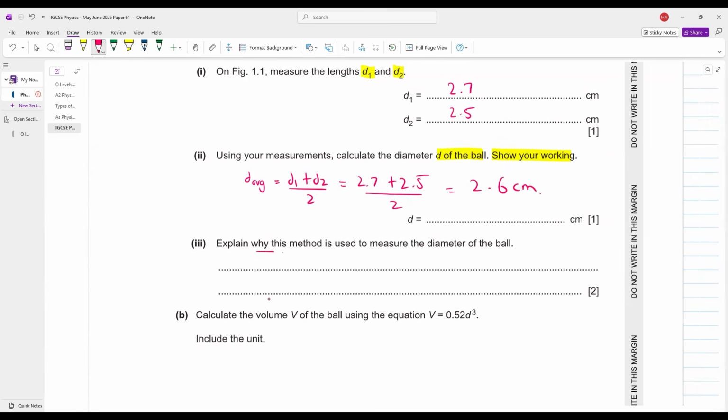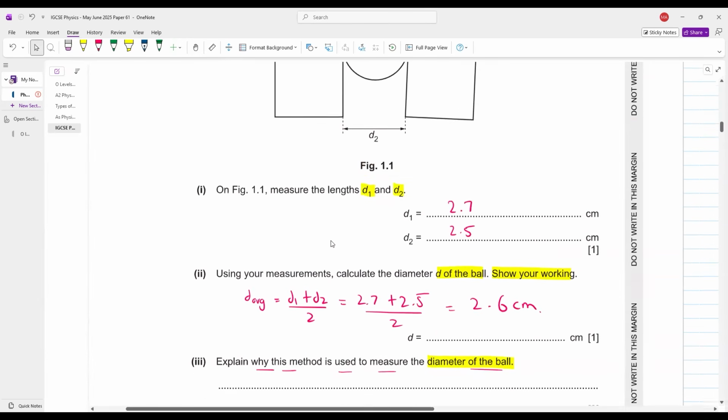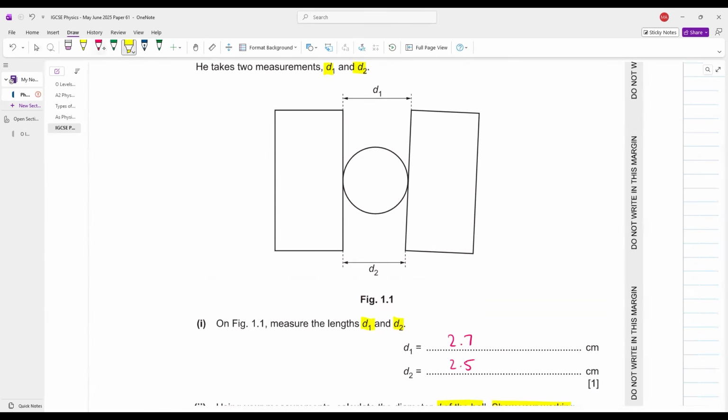Explain why this method is used to measure the diameter of the ball. So there are many factors at play here. If you directly measure the diameter of the ball with a ruler, it's very difficult to find the center of the ball.